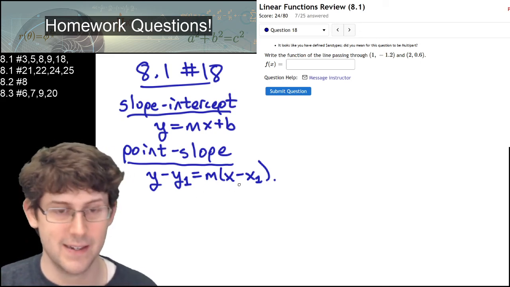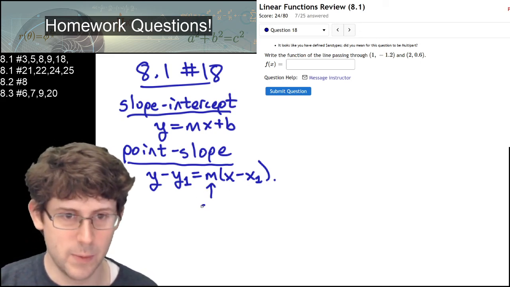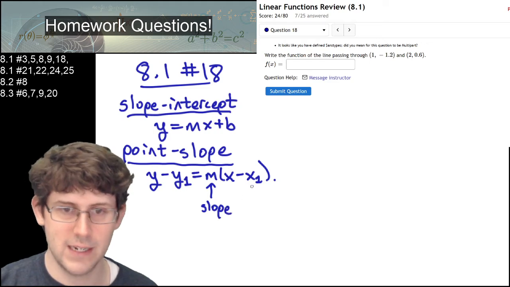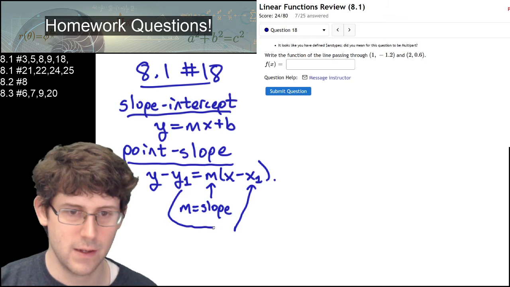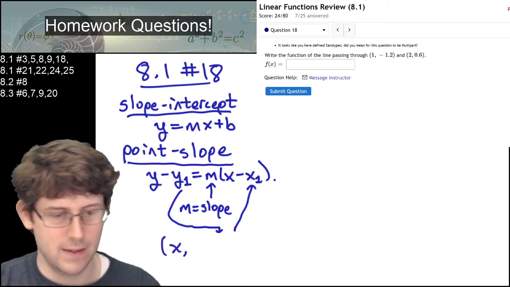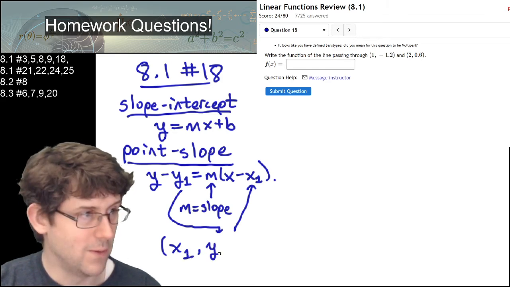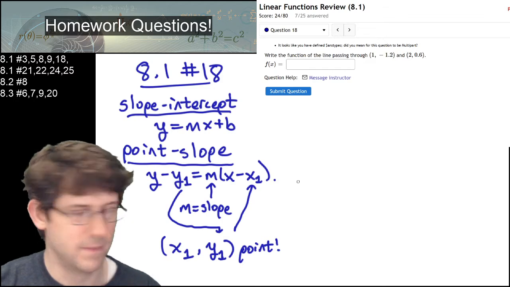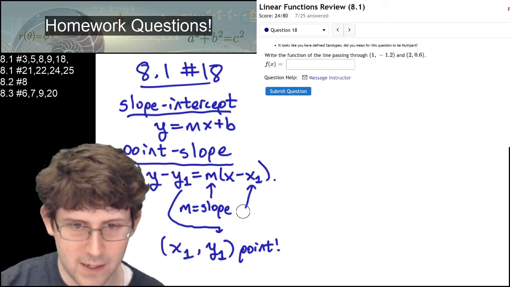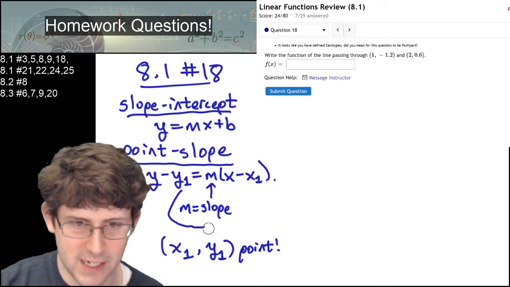So what we need is the slope, and we need a point. So m is the slope, and the point is x1, y1. These arrows are a little bit confusing.